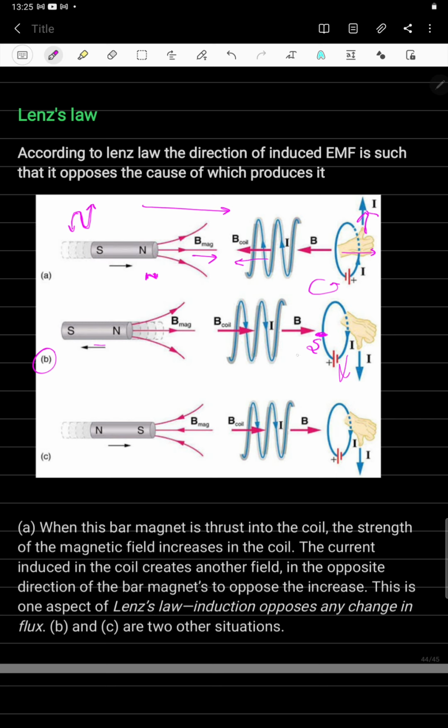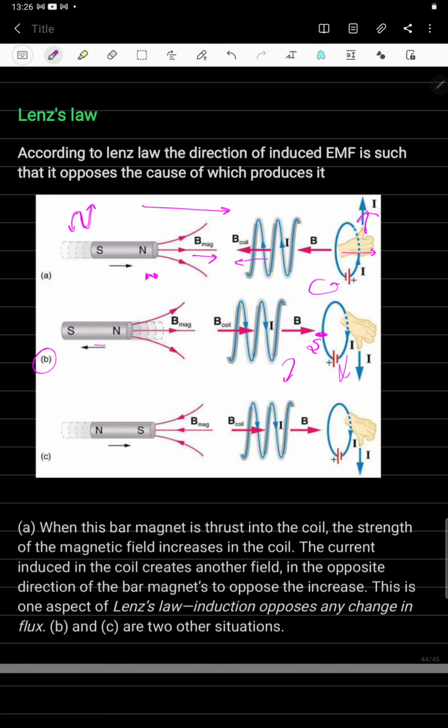The clock rule gives the direction of the current in the loop as downward. So this Lenz's law gives the direction of the current which is produced by the magnetic field.